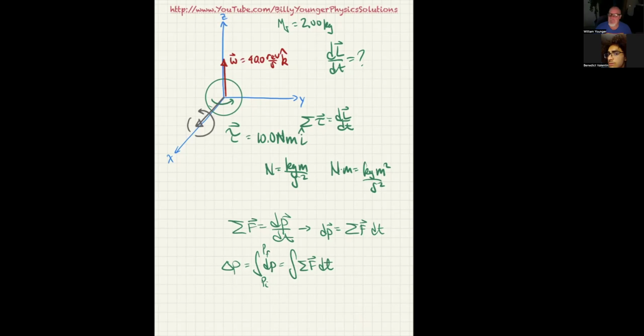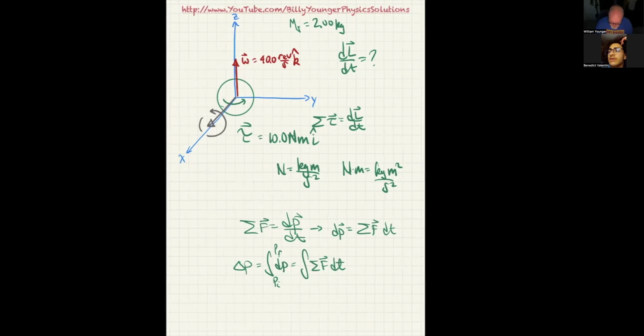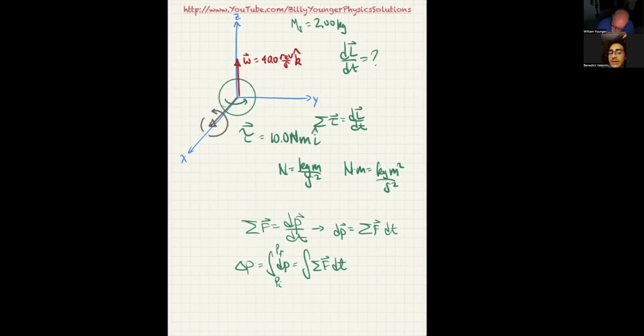Anything else? Hold on, I'm just trying to make sure I've got it right in my head. The only thing that's going to affect the change in momentum is the force and the time. And time, yeah.